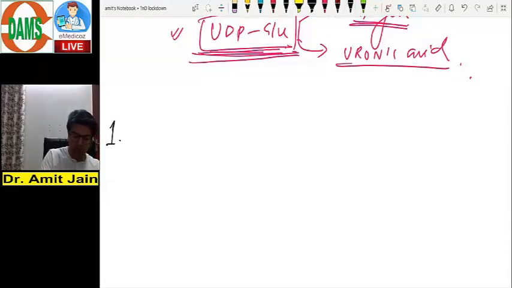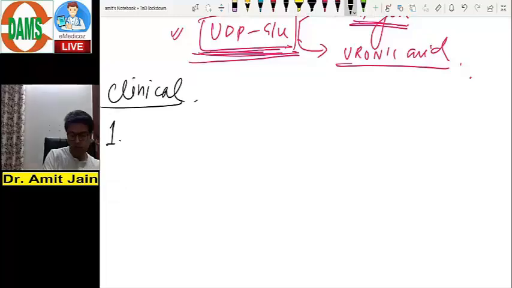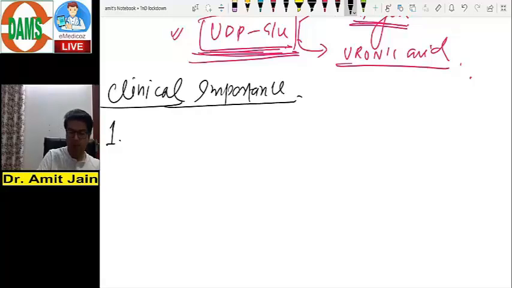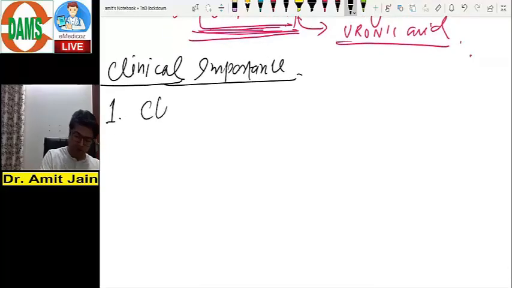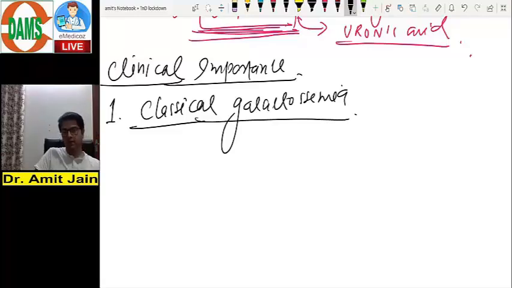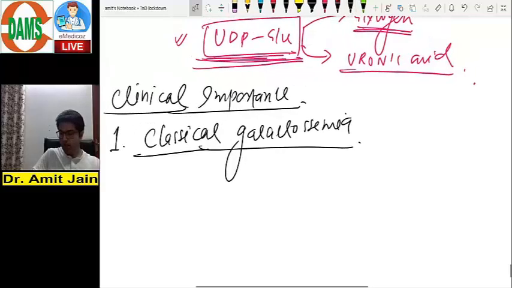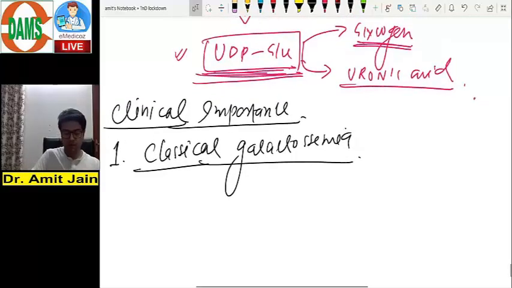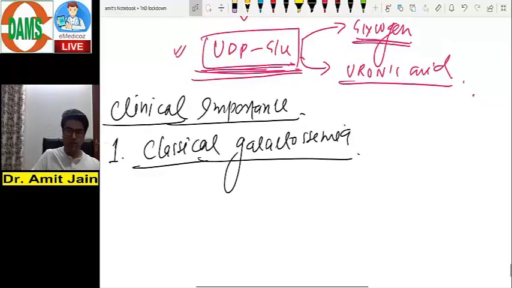If we talk about the clinical disorders, the clinical importance of this particular pathway, number 1, the very important question for every exam, that is classical galactosemia.